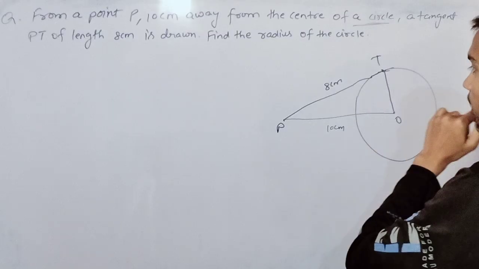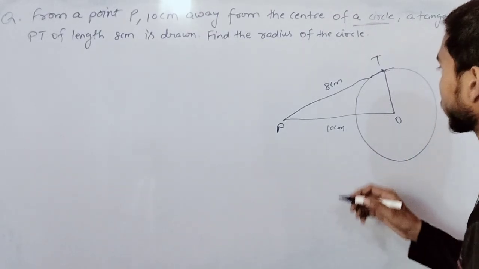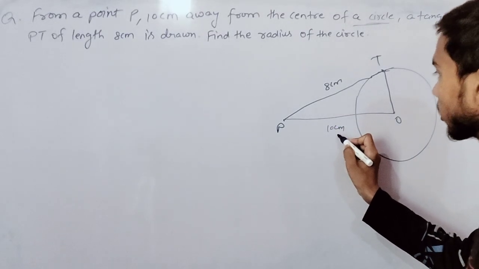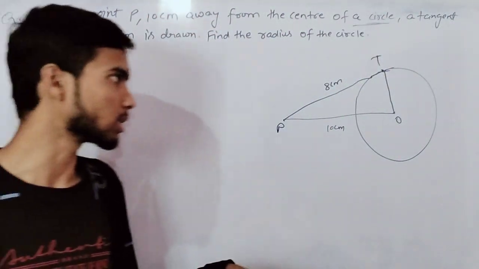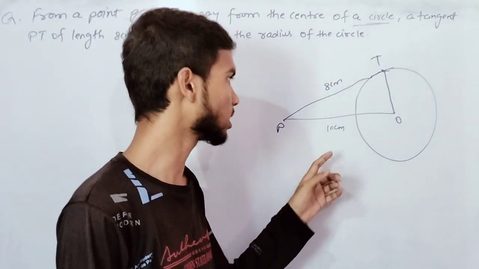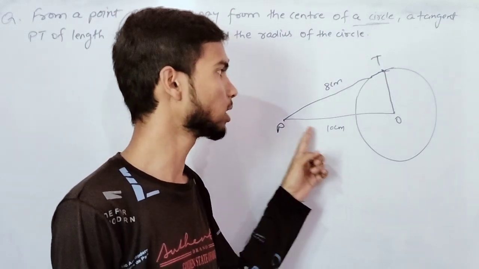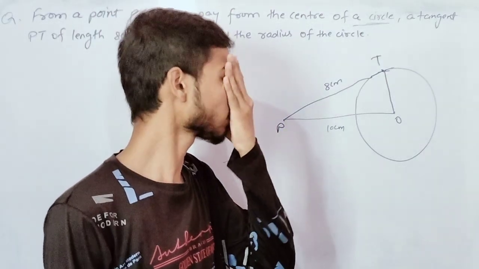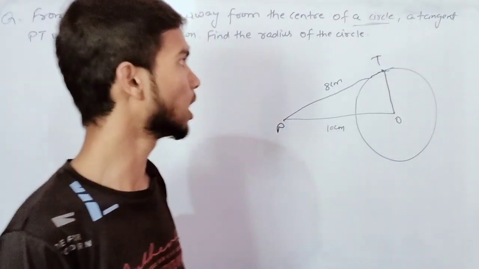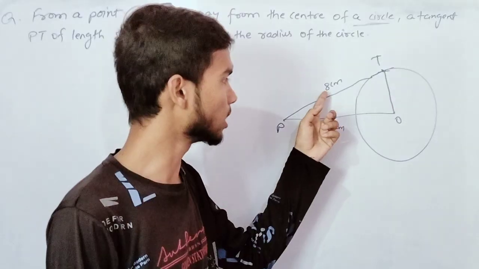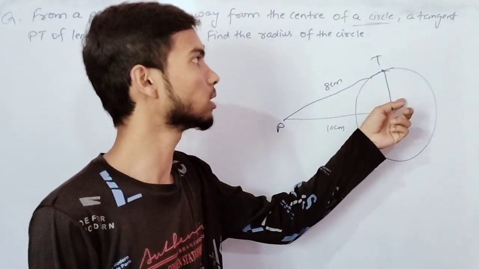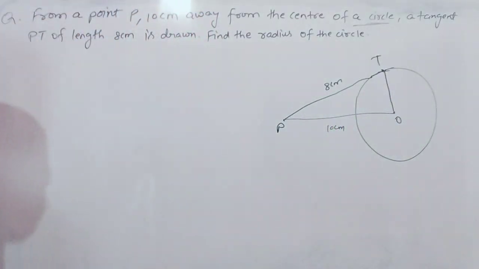You can see, as we know, this is 10. 10 is more, and 8 is less. So now easily we can say that we will consider this 10 as the hypotenuse.